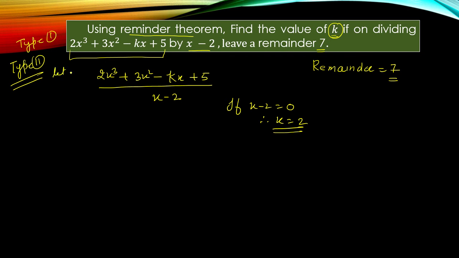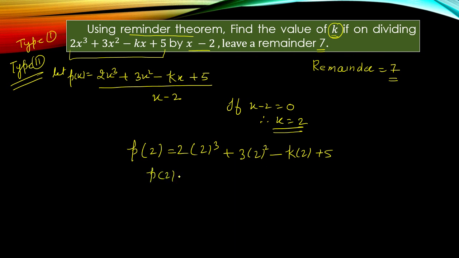We put x equal to 2 in p. So p(2) is equal to 2 into 2 cube plus 3 into 2 square minus k into 2 plus 5. And that is the remainder, p(2) is the remainder.